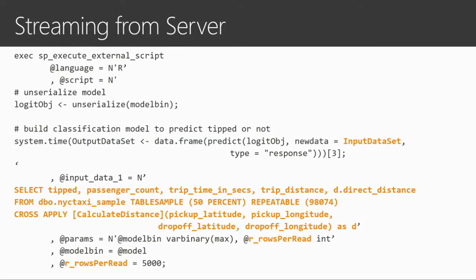Exactly. Let's take a look, again, in the code, how would you use this? It's pretty simple. You have the rows per read parameter. You'll set whatever batch size you want there. You have your input query, the input data that's going to be chunked into those pieces. And in the same way, you call the predict function in R in this case and leverage the streaming.